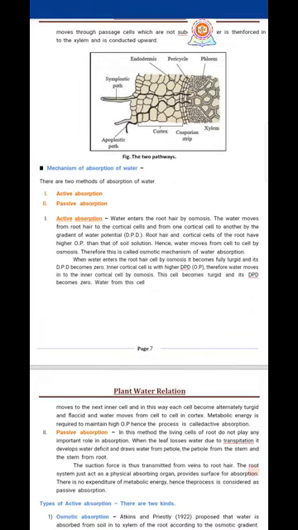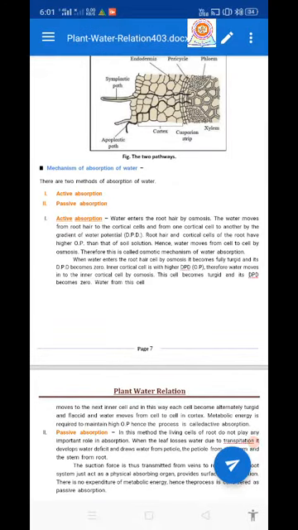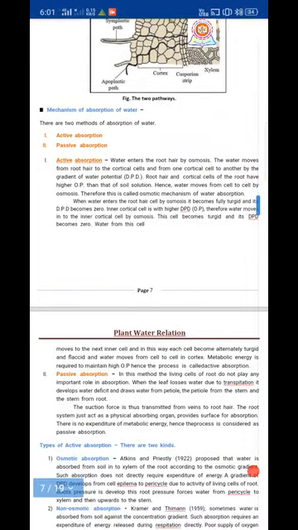These cells become turgid and their DPD becomes zero. Water from this cell moves to the next inner cell, and in this way each cell becomes alternately turgid and flaccid, and water moves from cell to cell into the cortex. Metabolic energy is required to maintain high osmotic pressure, hence the process is called active absorption.